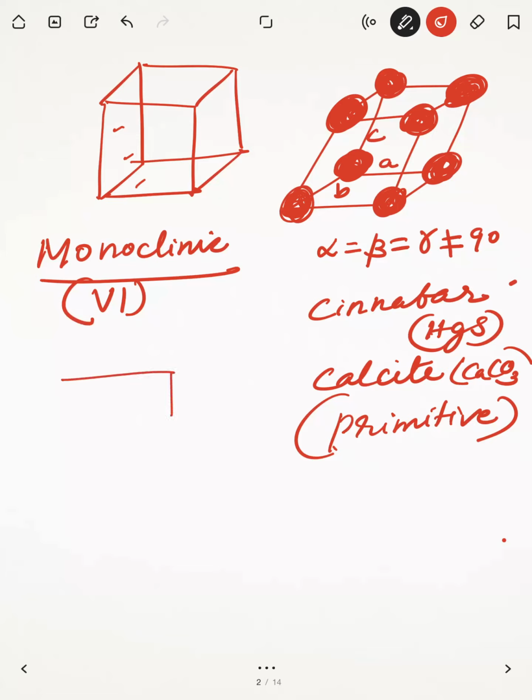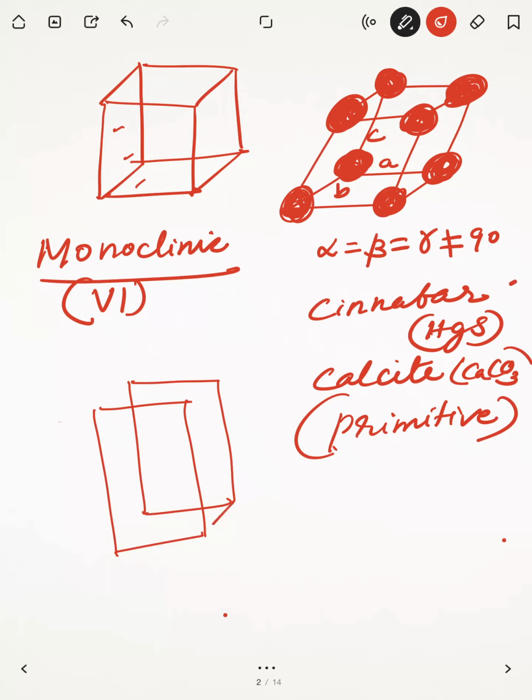Matchbox was like this. In a matchbox, A is not equal to B, which is not equal to C.